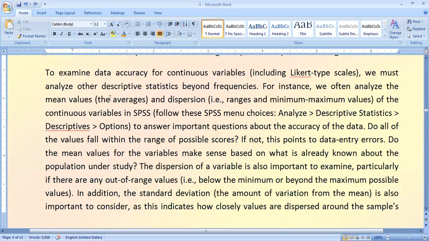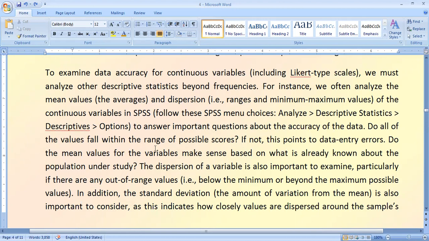To examine data accuracy for continuous variables, including Likert-type scales, we must analyze other descriptive statistics beyond the frequencies. For instance, we often analyze the mean values, the averages, and the dispersion in the range, minimum and maximum values, of the continuous variables in SPSS to answer important questions about the accuracy of the data.